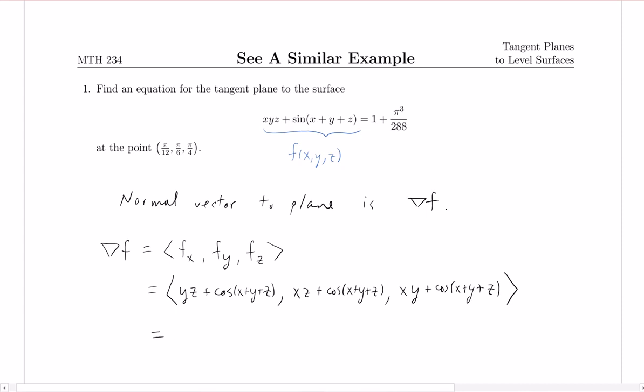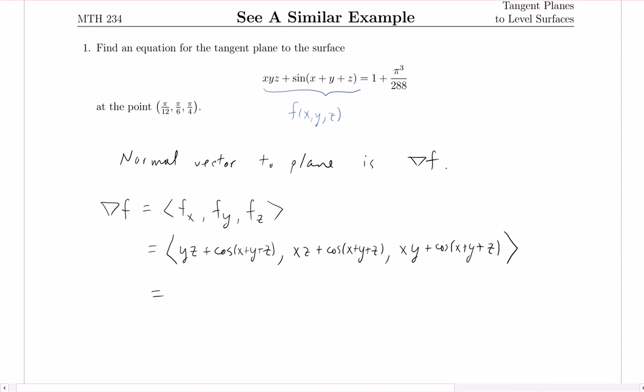And maybe just to make it slightly nicer to look at, let's break this up into two vectors, since we have a plus sign in each slot. Alright, this is yz, xz, xy, plus the cosine of x plus y plus z times the vector 1, 1, 1, since cosine of x plus y plus z appears as the second term in all three slots.